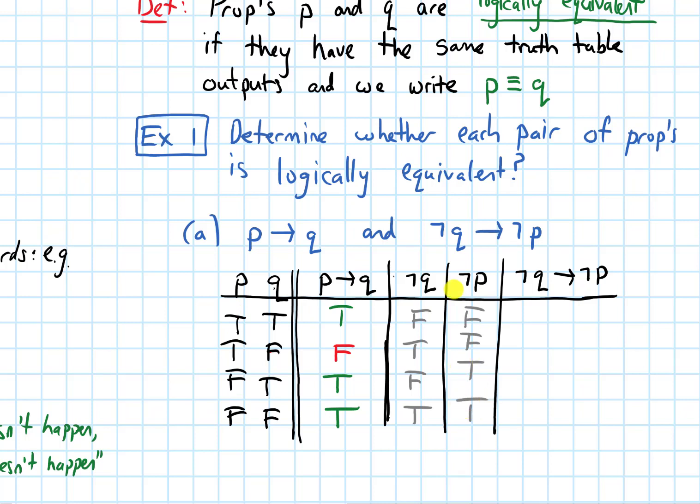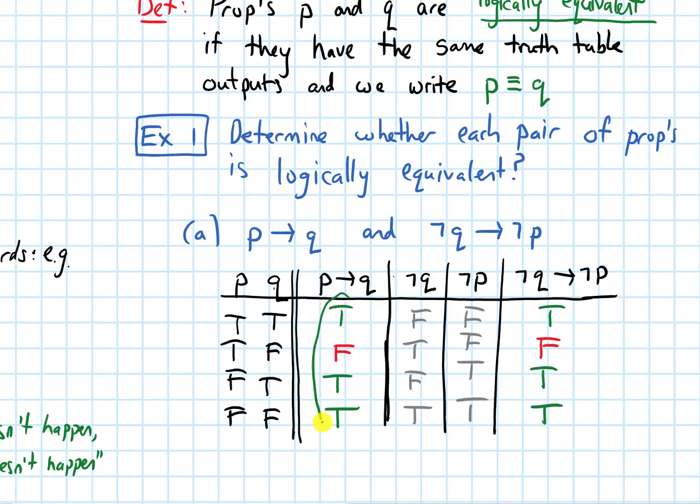Now I form another implication using not Q first, and then that's going to imply not P. So I'm looking at these two columns in this order. It's only going to be false when the first part is true and the second part is false. So that is in the second row. And all other rows for this implication are going to be true.